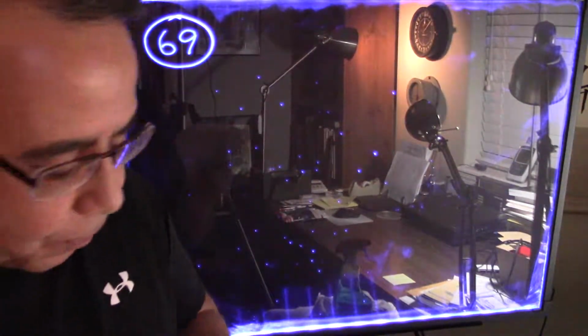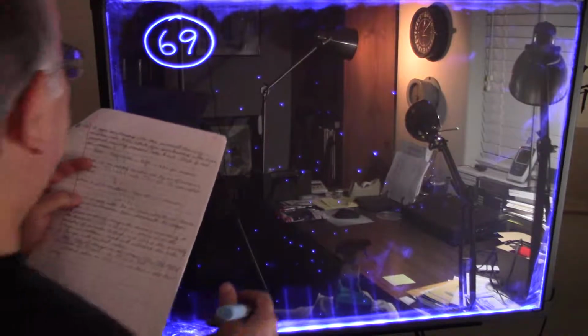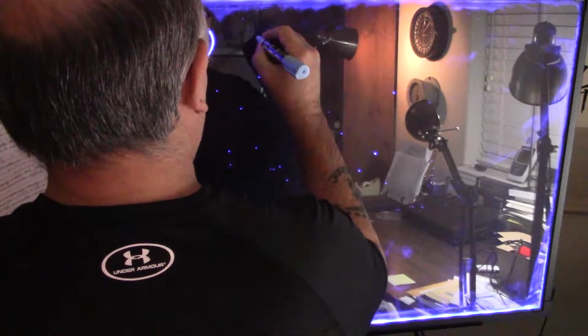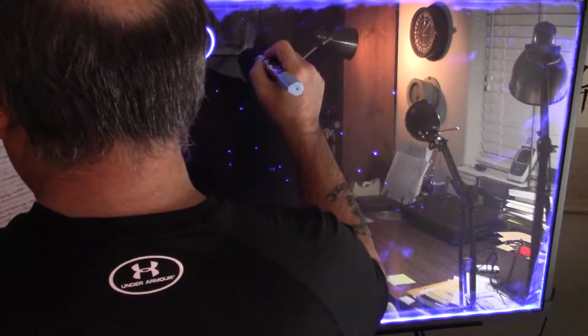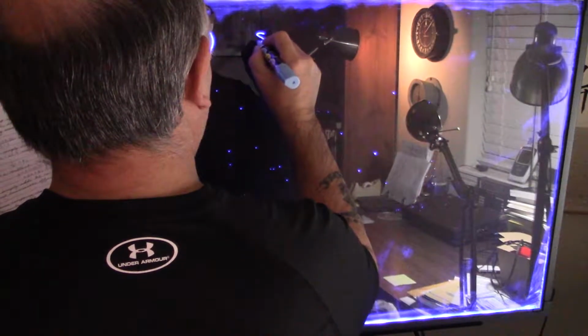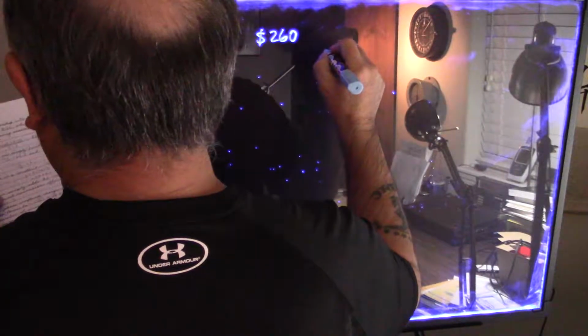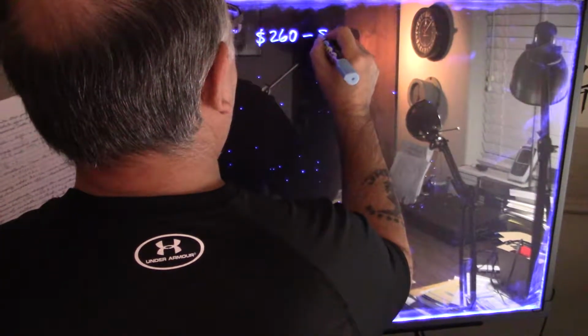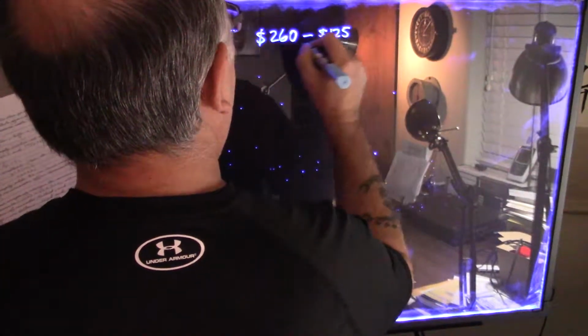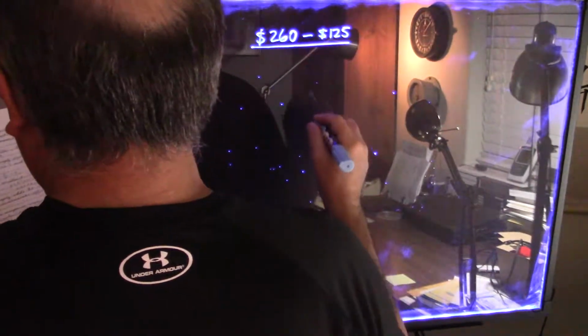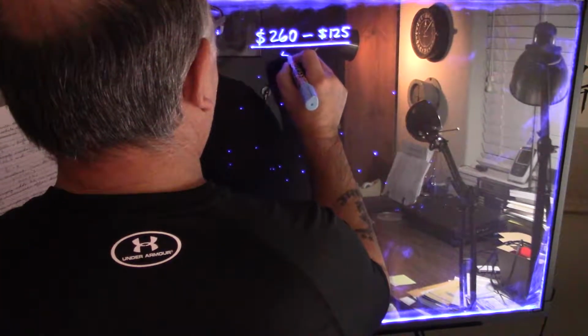So what you do is you use a slope formula with these 2 monetary values. You've got 260 minus $125 over 5 minus 2.